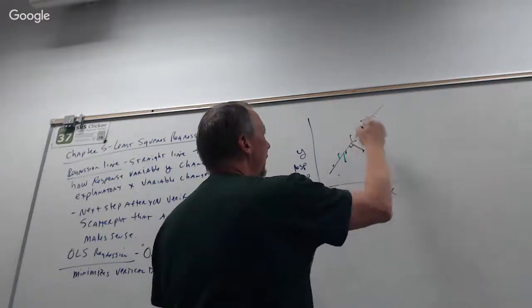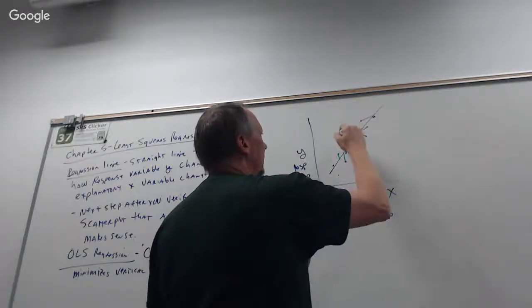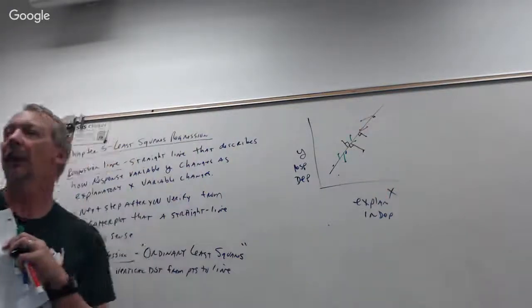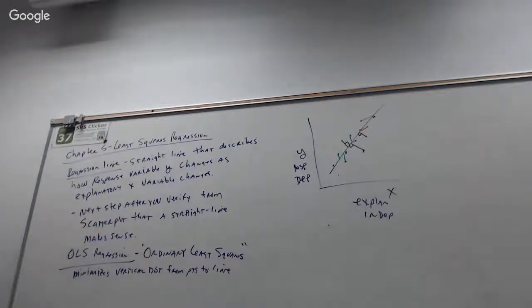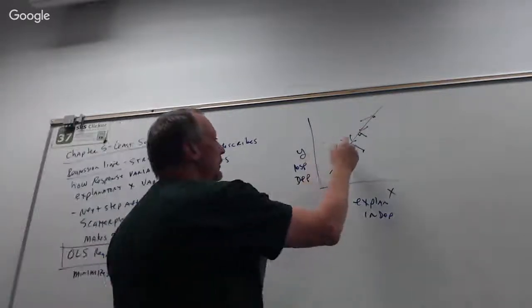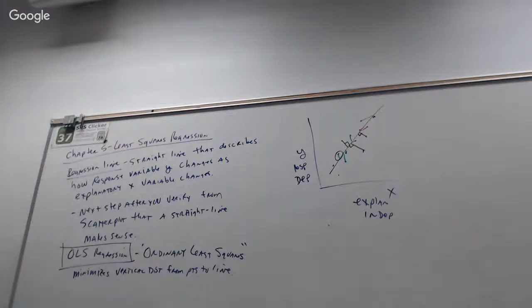So if I make a right angle between all of these points here, those are all right angles, okay? Now, there's lots of different methods I could use. But we're going to concentrate on the OLS method, the ordinary least squares method, which minimizes your vertical distance, okay? That's the method that we're going to do. And I'm not going to explain it, but I'm going to say that it's the best method out there, okay?